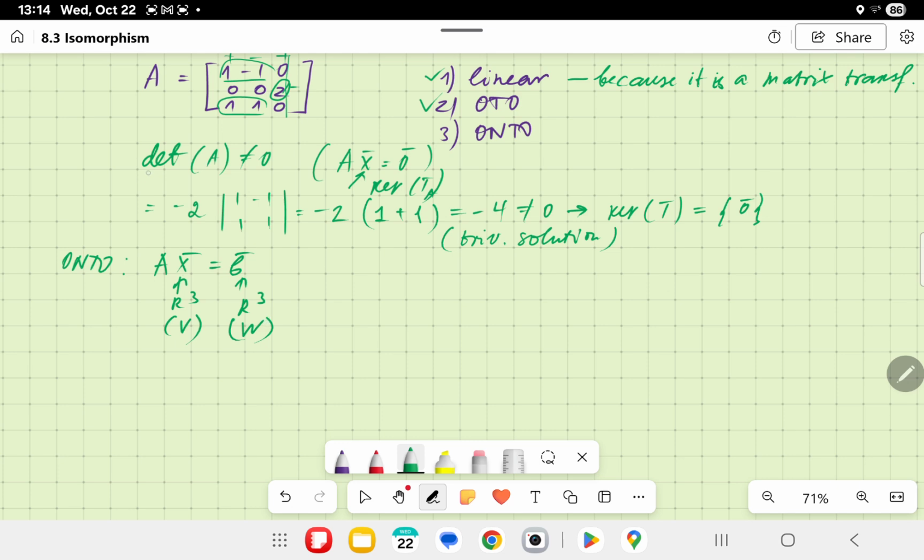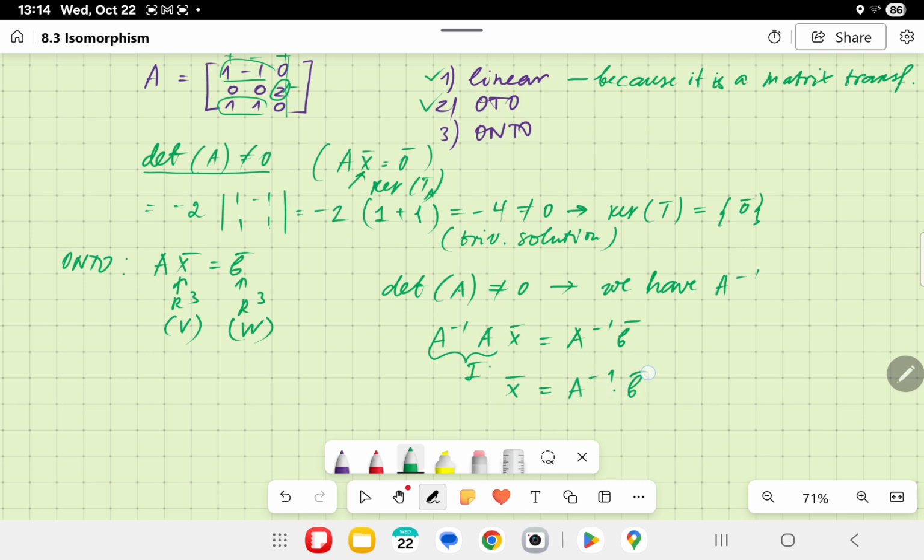The same fact that the determinant is not equal to 0 gives it to us, because when the determinant of A is not equal to 0, then we have A inverse. I'm going to apply the inverse to this expression. So A inverse Ax equals A inverse b, right? The identity times x is x.